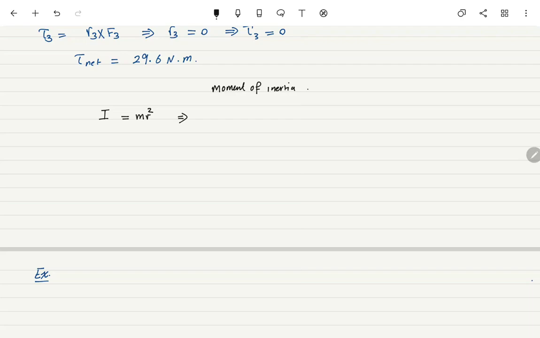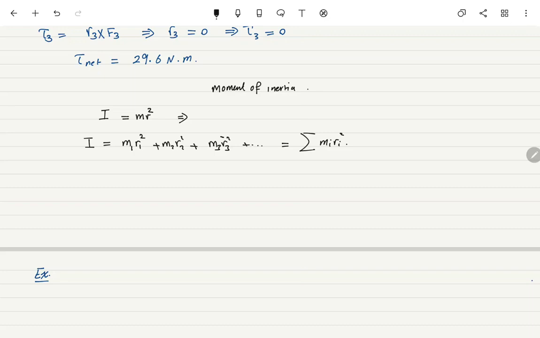So the moment of inertia of a system of particles is I equal to m1 r1 squared plus m2 r2 squared plus m3 r3 squared, plus and so on, or the summation of mi ri squared.